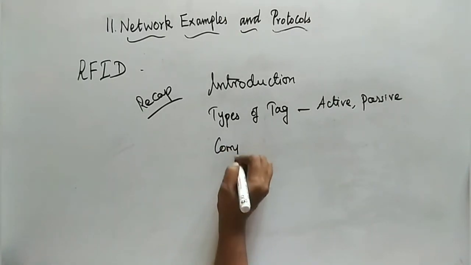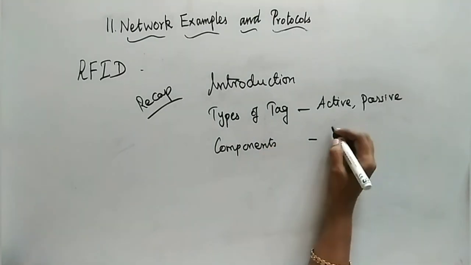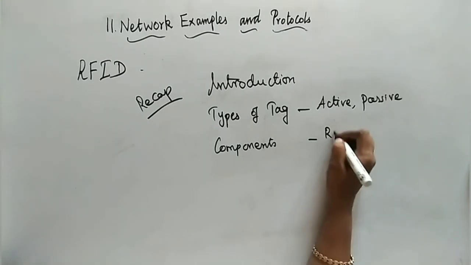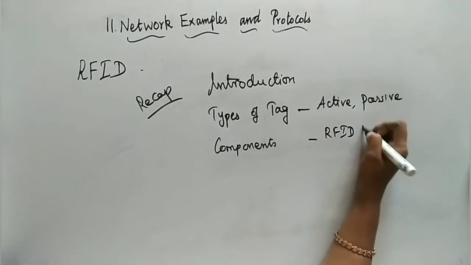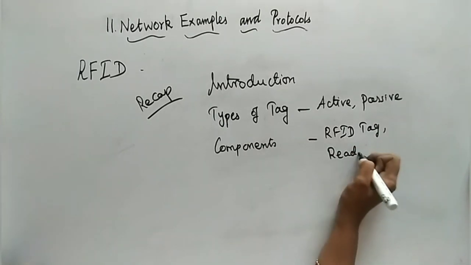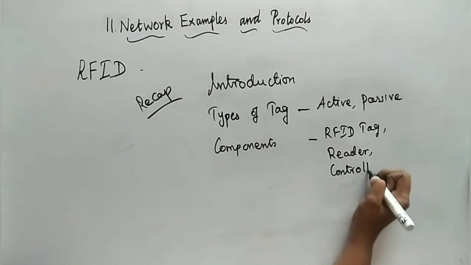What are the components? The first one is the RFID tag. Next one is your reader. And the next one is your controller.